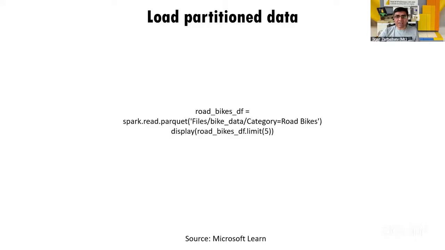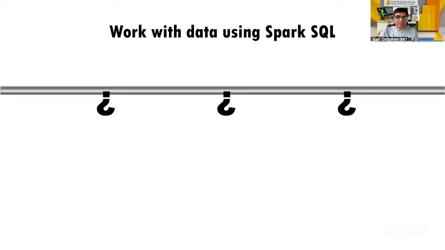So far, we have been manipulating data using DataFrame APIs and PySpark methods, but Spark also provides another powerful way to work with data: SQL. In the next section, we'll explore how to work with data using Spark SQL statements, and see how familiar SQL statements can be used to query and transform data directly within Spark.